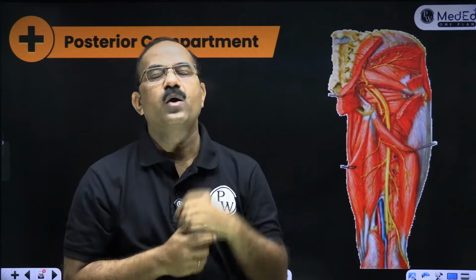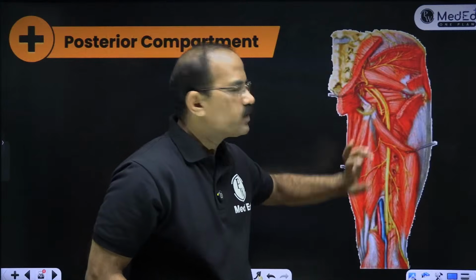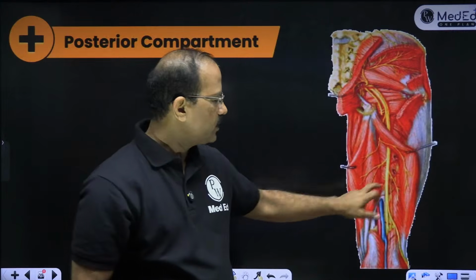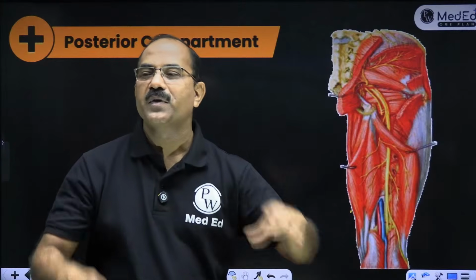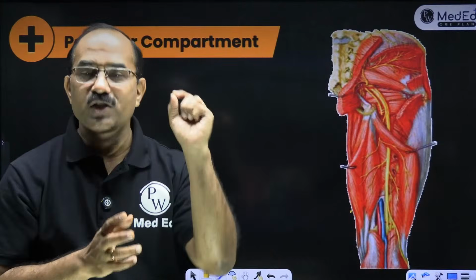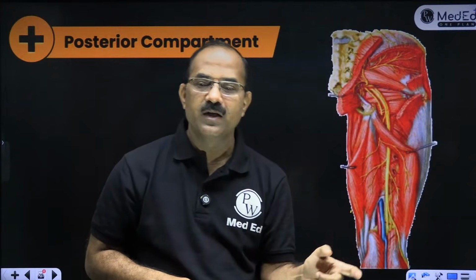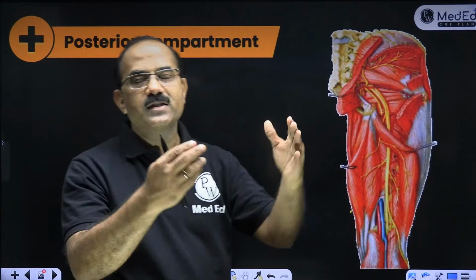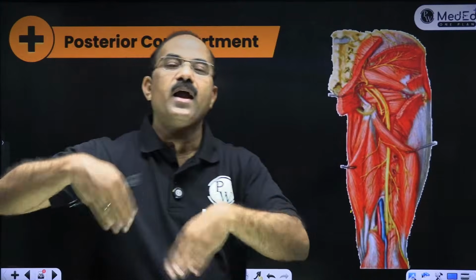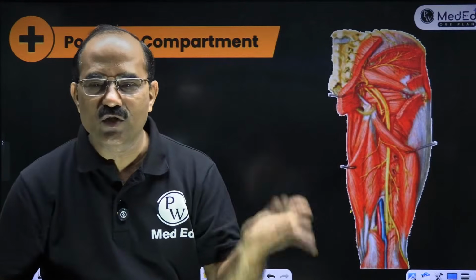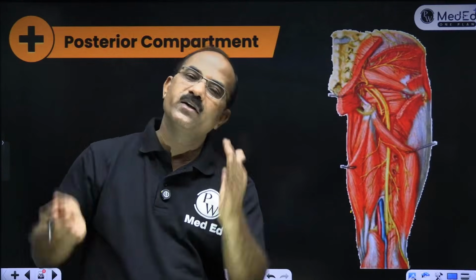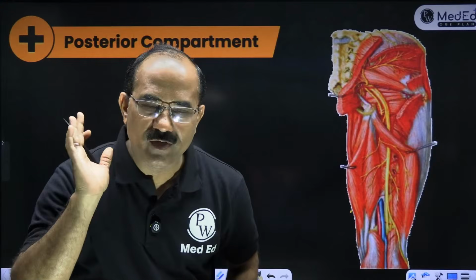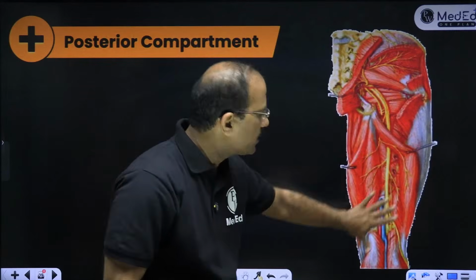Origin ischial tuberosity, insertion tibia or fibula, nerve supply the tibial part of sciatic nerve, and action of all these muscles in the posterior compartment: they cause extension at the hip joint and flexion at the knee joint. Fine. So these are the hamstring muscles.